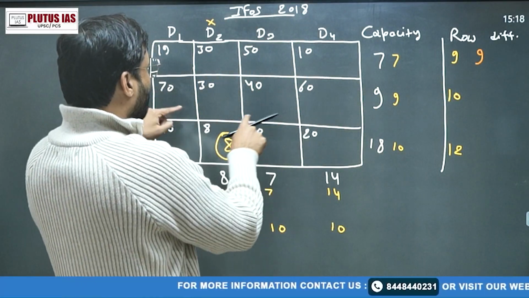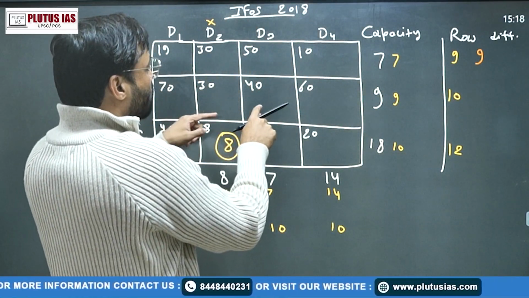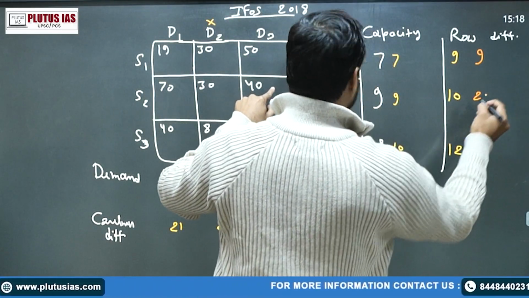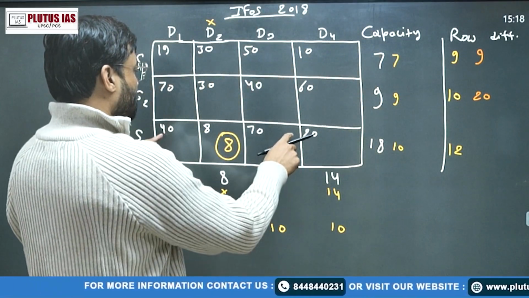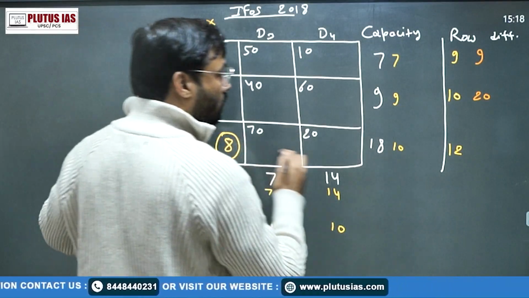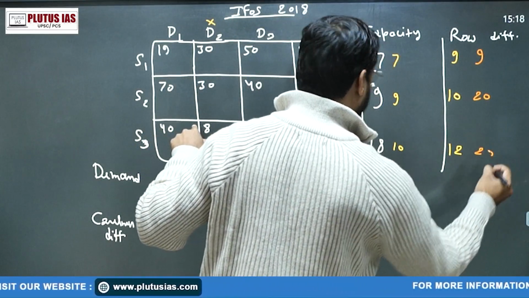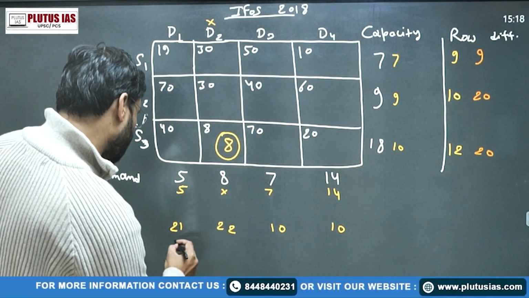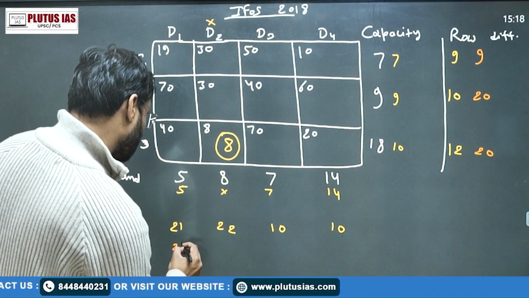In this case, now this has been finished, so the next smallest are the 40 and 60, so we will get the 20. And in this case again now 20 and 40, so we'll get the 20. Now column wise we'll get the same thing here, the 21.